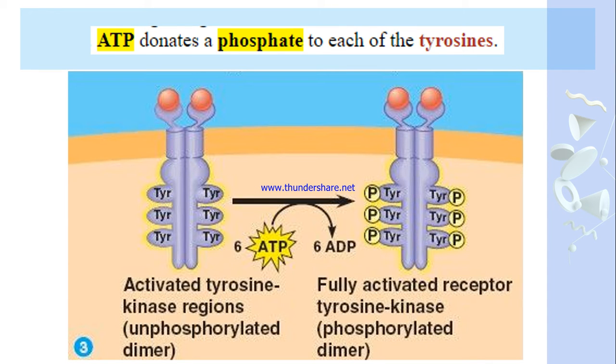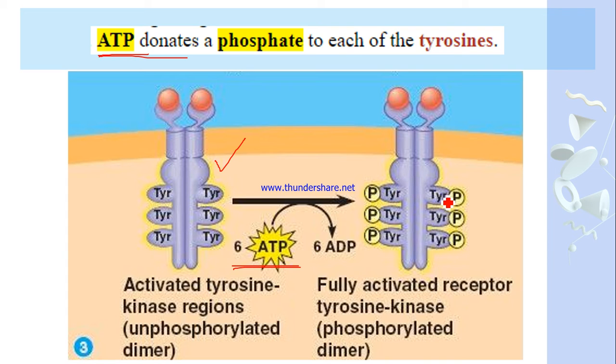Now what will happen? This dimer will attach with ATP, meaning the ATP will donate the phosphate, and this dimer will get phosphorylated. So with the help of ATP, the unphosphorylated dimer will get phosphorylated.